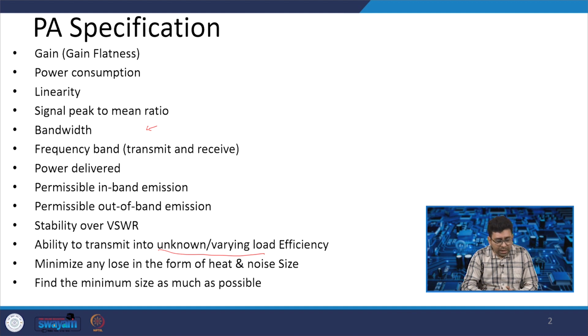So it should have sufficient efficiency for the entire frequency range, so that the DC power loss will be minimized. So mostly for a power amplifier, linearity and efficiency are the more targeted parameters, and the others will be part of the same.